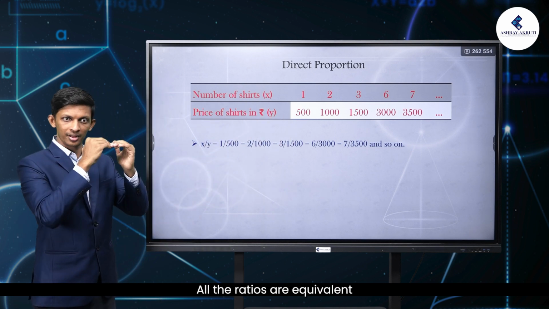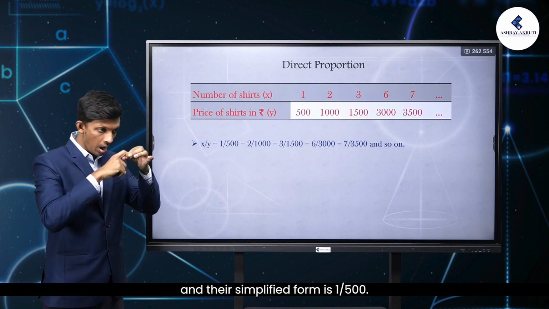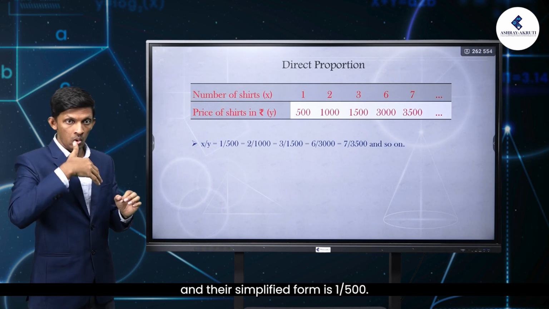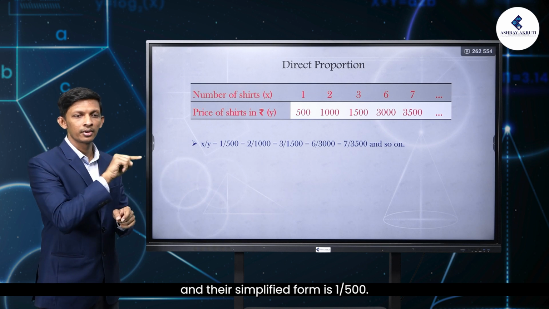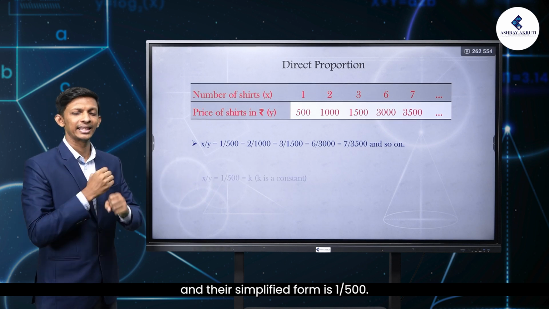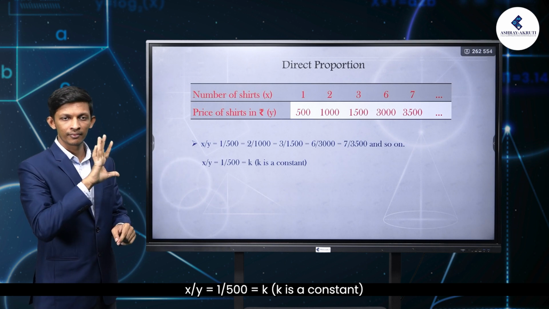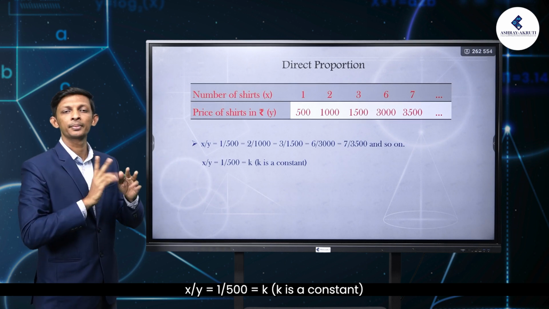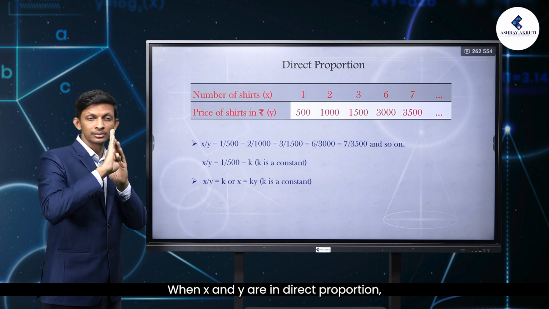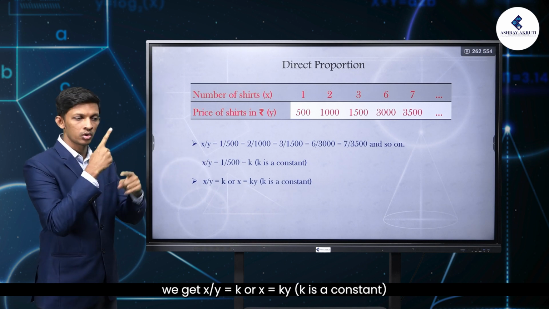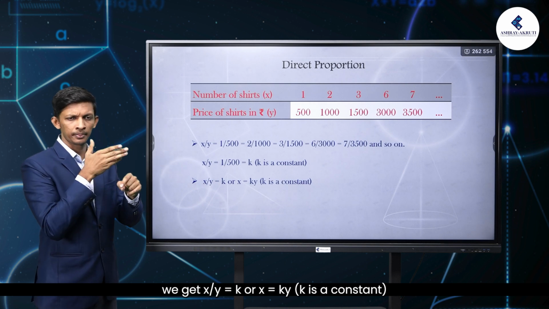All the ratios are equivalent and their simplified form is 1 by 500. In general, X by Y is equal to 1 by 500 is equal to K, where K is a constant. When X and Y are in direct proportion, we get X by Y is equal to K or X equals to KY. K is a constant.